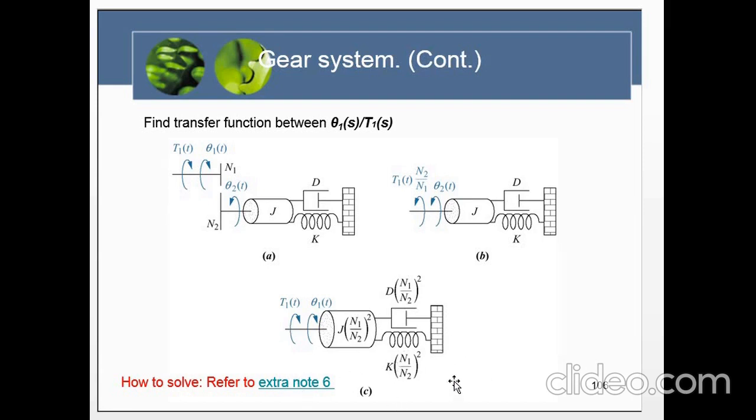Okay, for the solving of this, please refer to extra note 6.